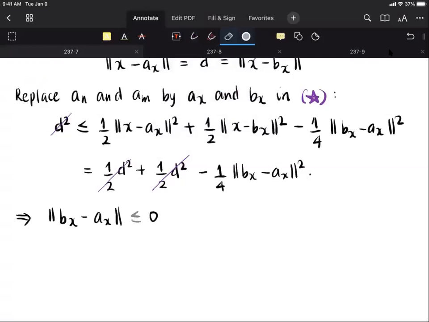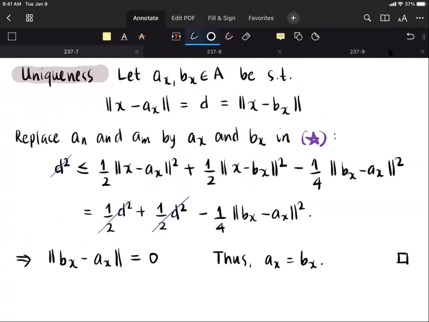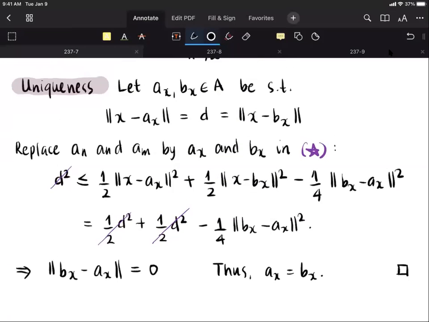However, the norm is non-negative, so we can replace this by the norm of bx minus ax equal to 0. By the definiteness of the norm, this implies that ax must be the same as bx. And that is the proof of uniqueness. So there must be a unique point that is closest to x.